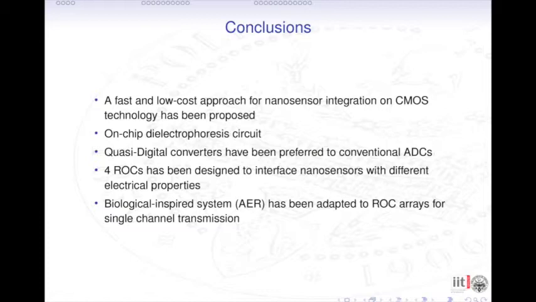All these readout circuits are low power and low complexity, because they have to be integrated in a high density array. And then a biologically inspired approach has been proposed to route the larger number of output signals in a high density array.